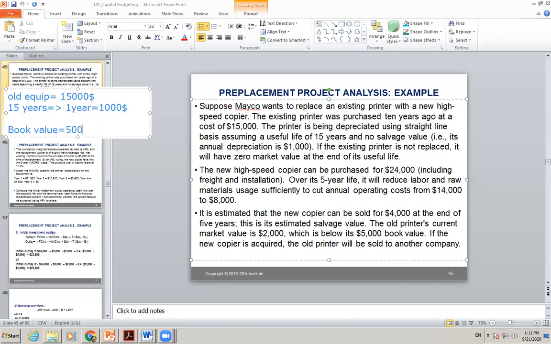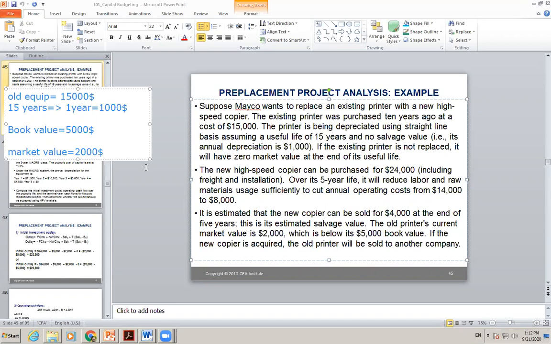So 5,000 bucks remaining as depreciation amount, 1,000 for each of the last 5 years. However, the market value is equal to 2,000. So is there a loss or gain? A loss of 3,000. So you're losing money actually in here.